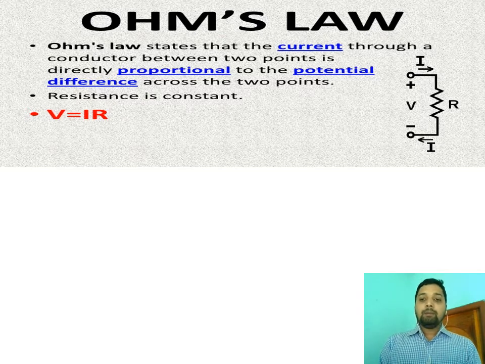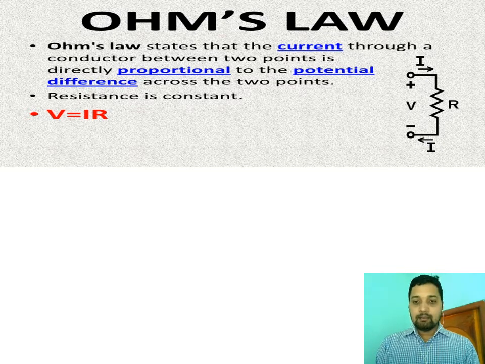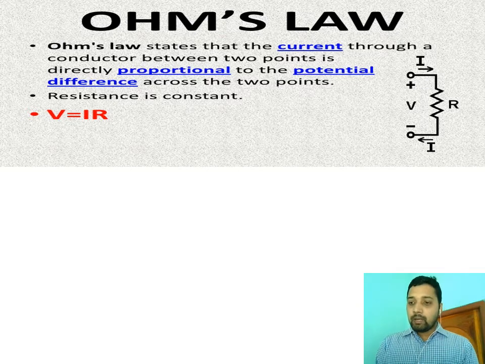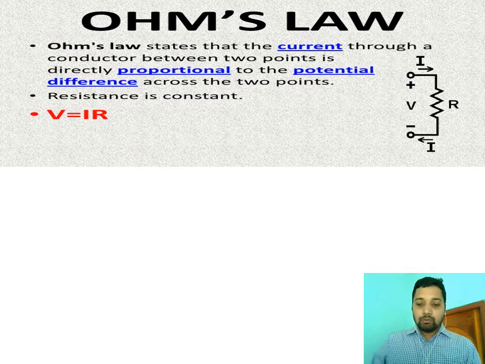Whenever we increase the potential difference, the amount of current flowing through the conductor increases. That means current flowing through a conductor is directly proportional to the potential difference, where resistance remains constant. Means V is proportional to I, or V by I equal to constant. That means V equal to IR.